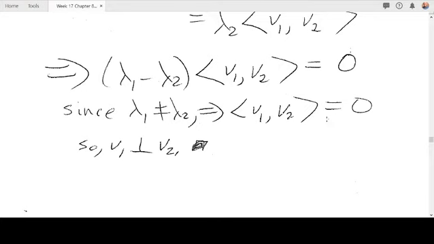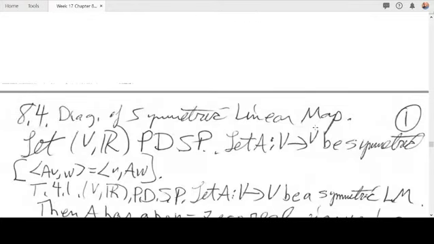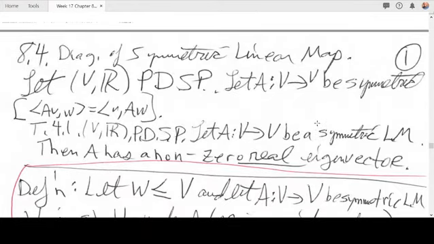Okay, so that's not hard to follow, hopefully. Now, next, let V be a vector space over the real numbers with a positive definite scalar product, and let A be a symmetric operator.